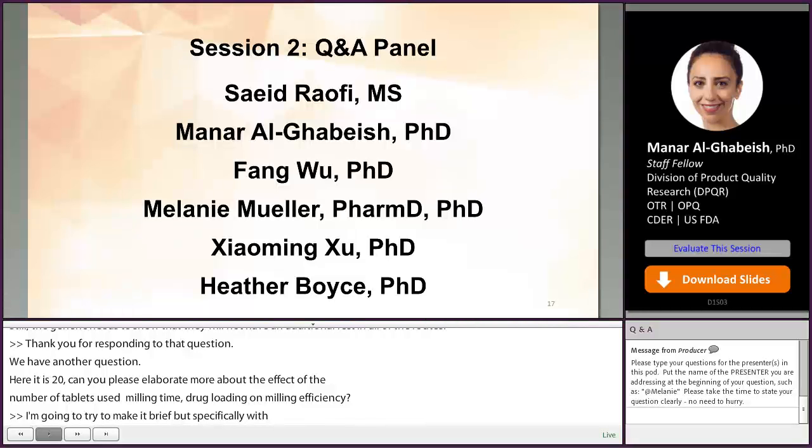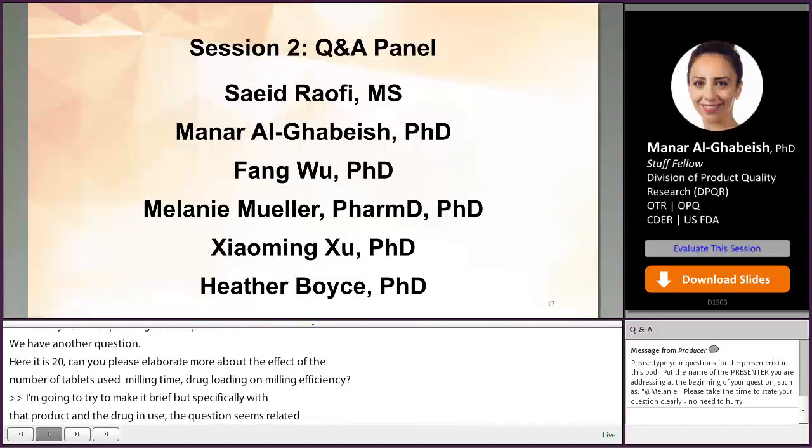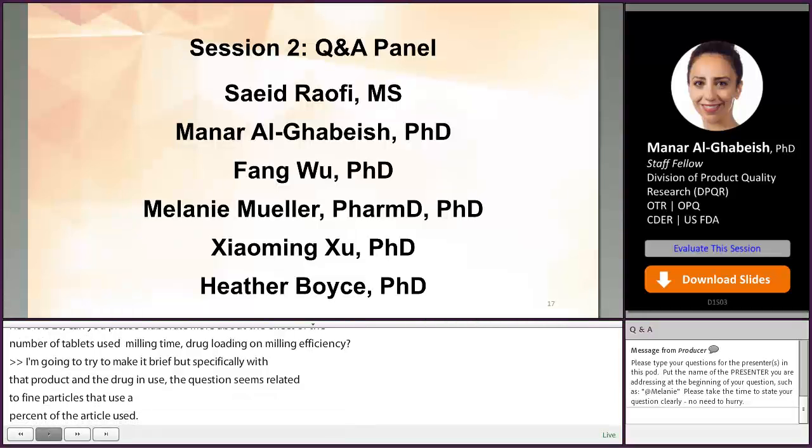It was shown that as you increase the number of tablets and increase the milling time, the fine particles percentage increased, meaning that the milling efficiency was higher.